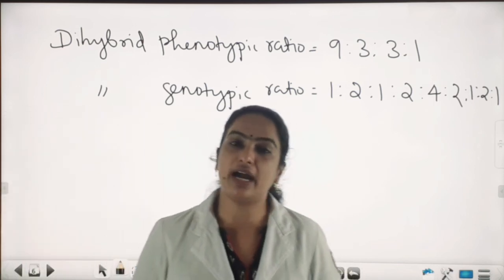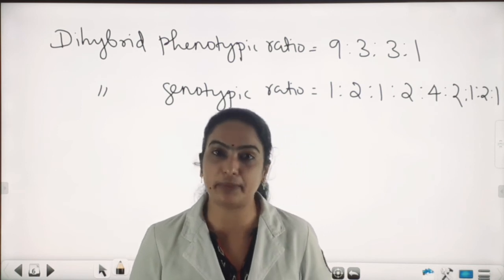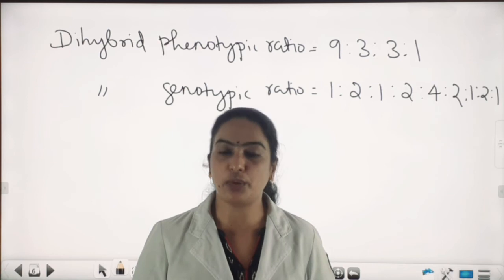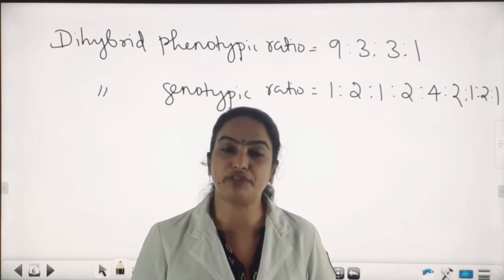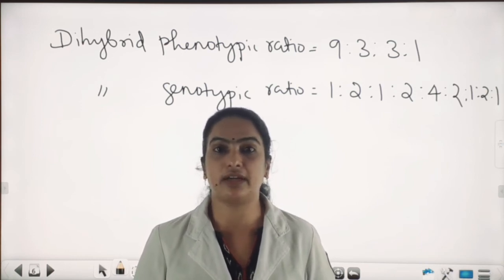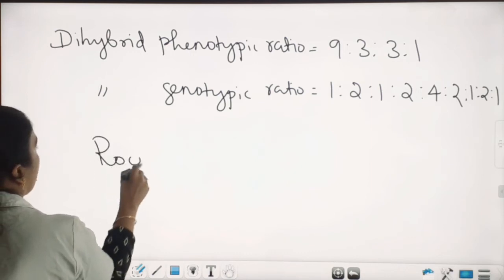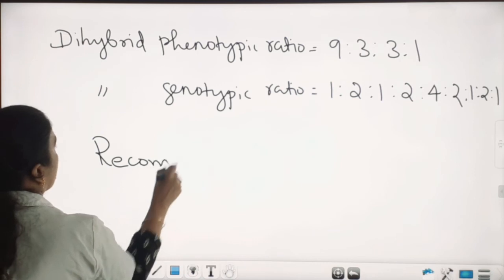So in the dihybrid cross, we can see the F1 progeny resembles one of the parental characters, that is the round yellow. When it's self-pollinated, the F2 progeny shows parental characters, and along with the parental characters they show a combination, and that is called a recombinant character.